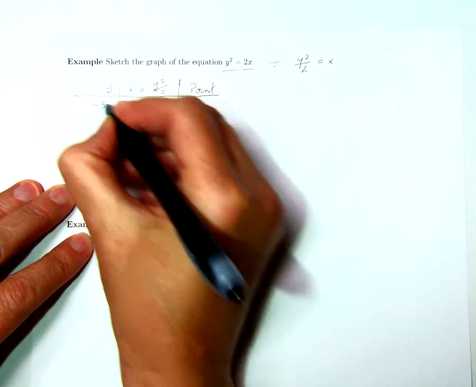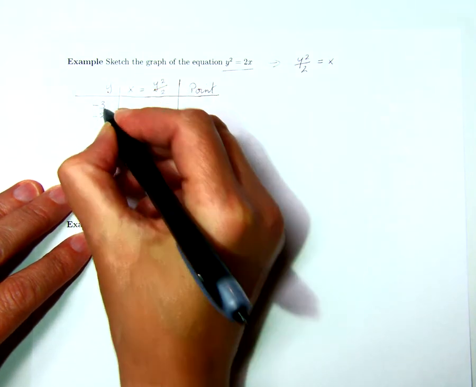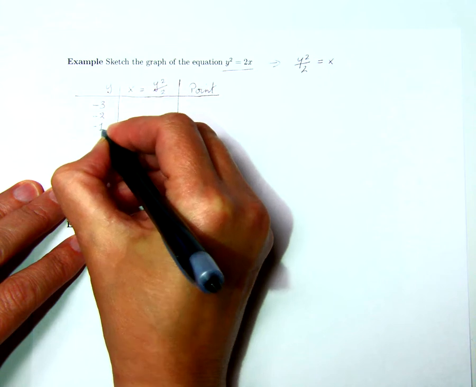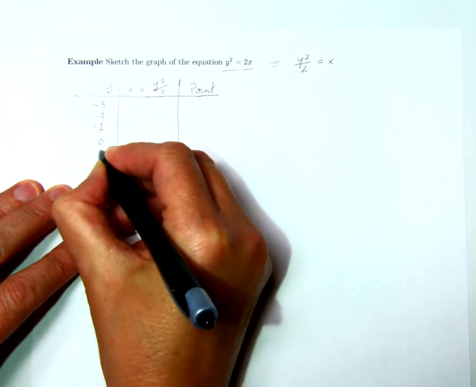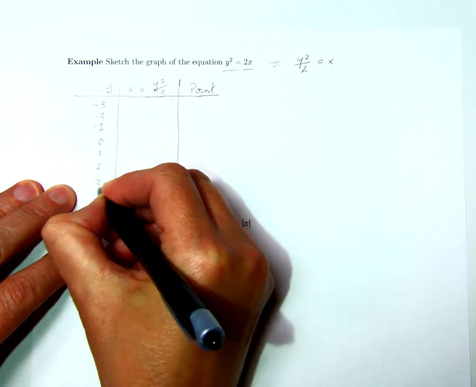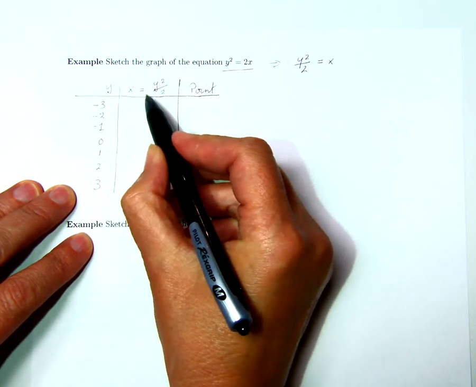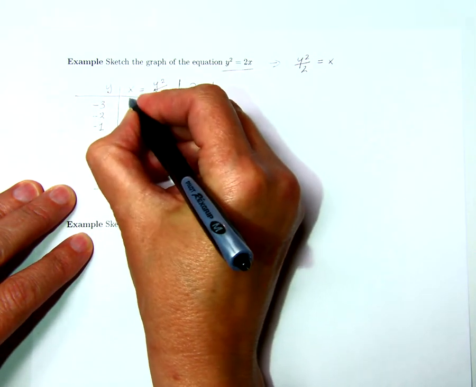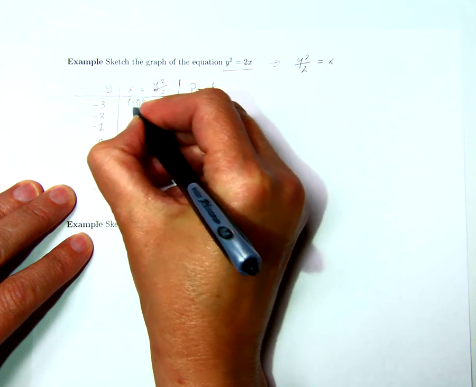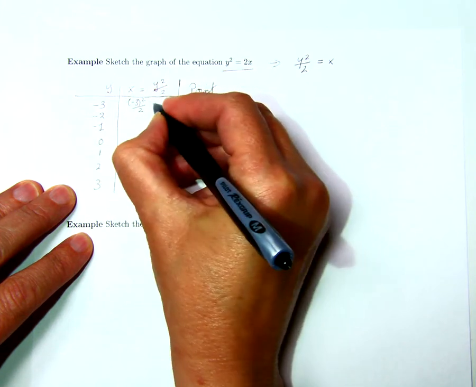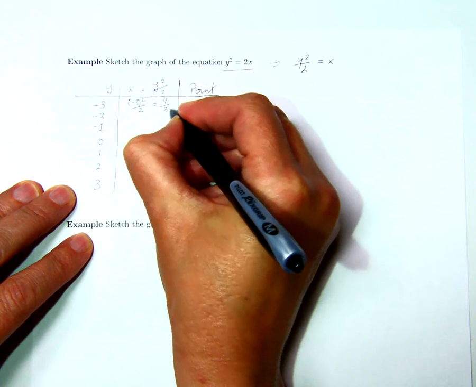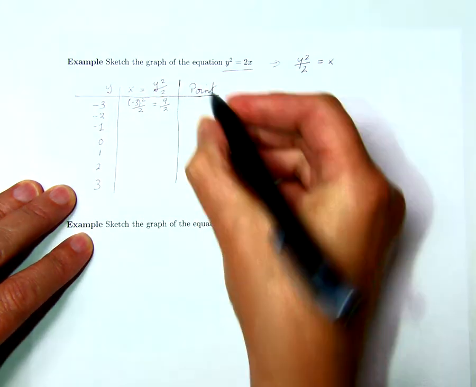So I'm going to look at a few points when y is minus 3, minus 2, minus 1, 0, 1, 2, and 3. And when y is minus 3, x is equal to minus 3 squared over 2, that's 9 over 2, which is 4.5.